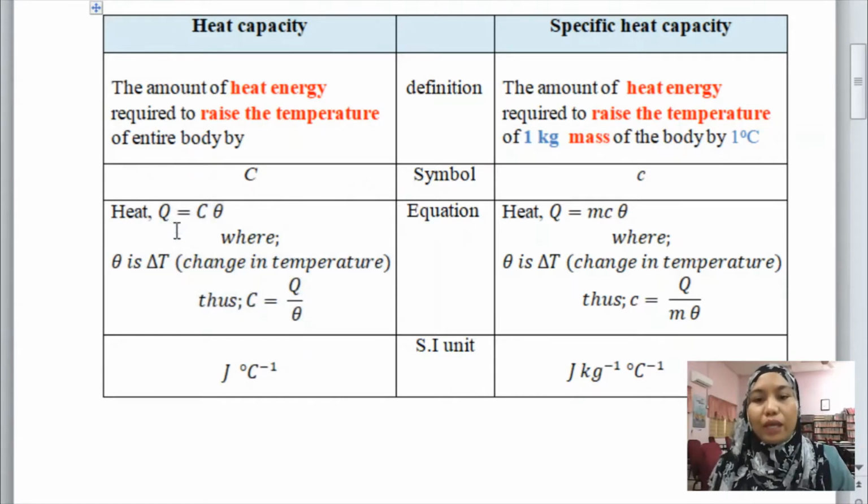So we define heat capacity as the heat energy required to raise the temperature of an entire body by 1 degree Celsius.